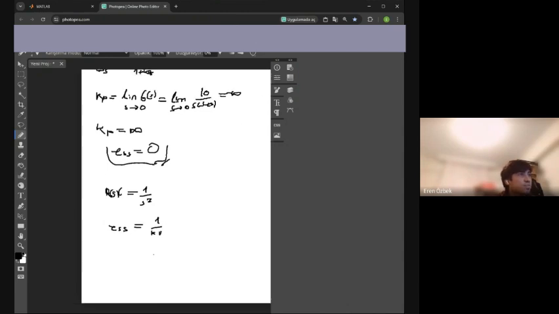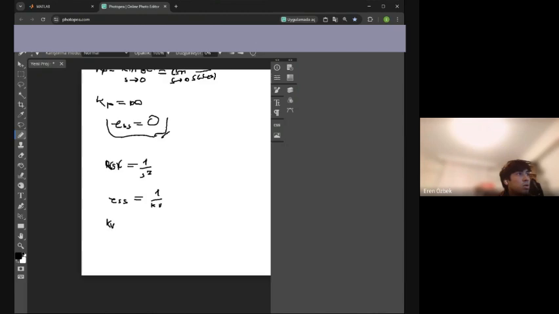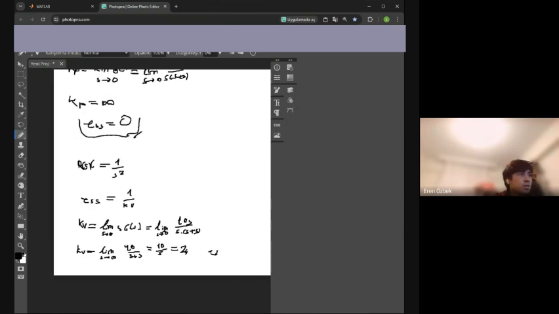First compute KV, which equals the limit as s goes to 0 of sG(s), which equals the limit as s goes to 0 of 10 over (s plus 5), which equals 10 over 5, which is 2. ESS equals 1 over 2, which is 0.5.